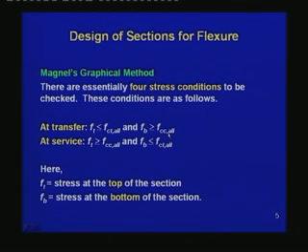Now, when we are writing these equations, these are algebraic equations. A stress, if it is compressive, is considered to be negative, and hence this equation Fb greater than FCC allowable means the negative value of Fb is numerically smaller than the numerical value of FCC allowable.